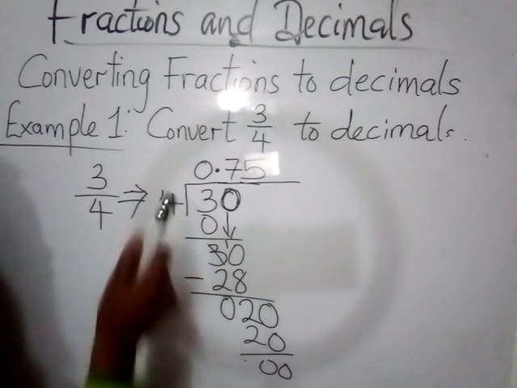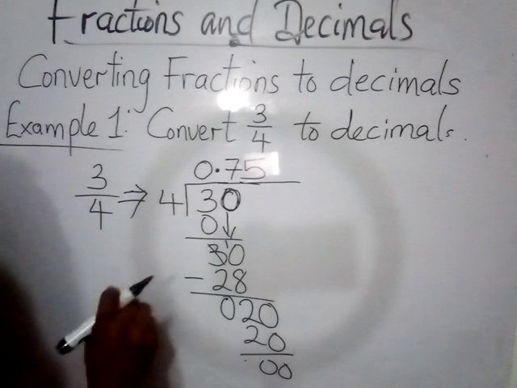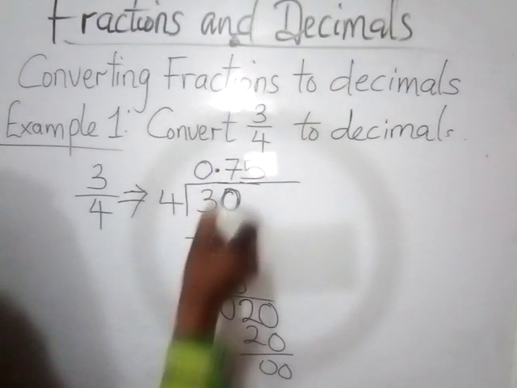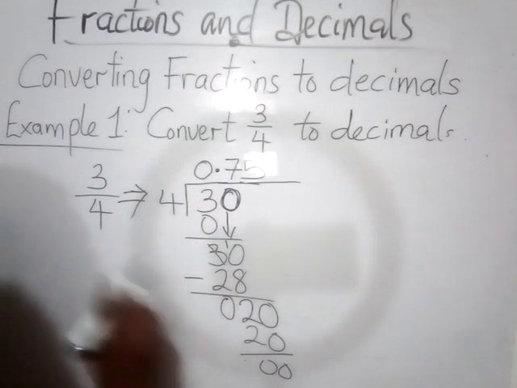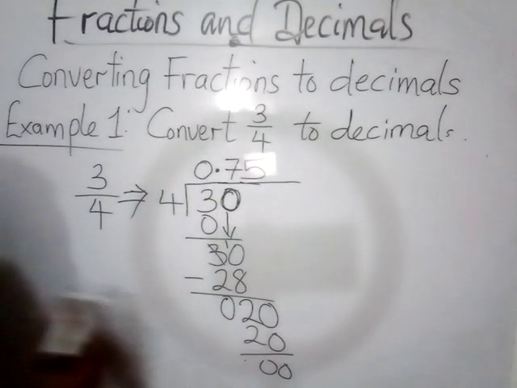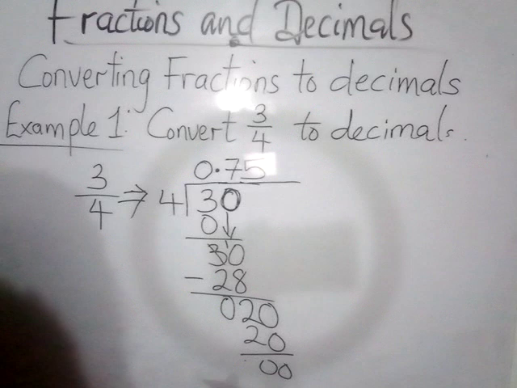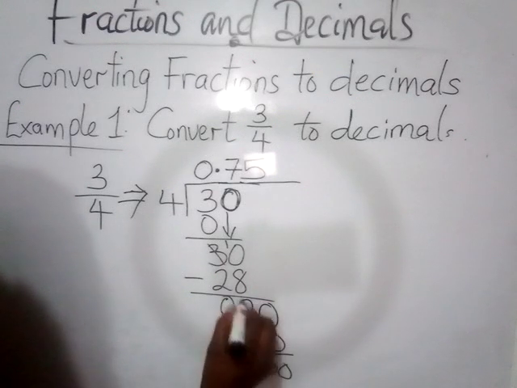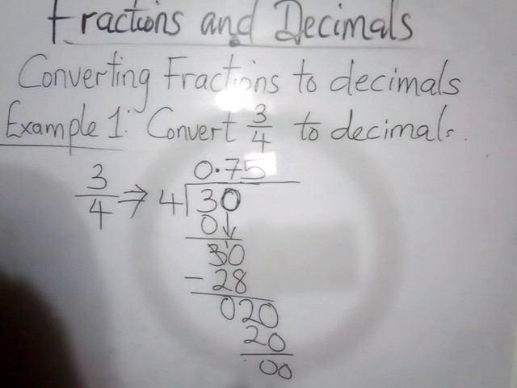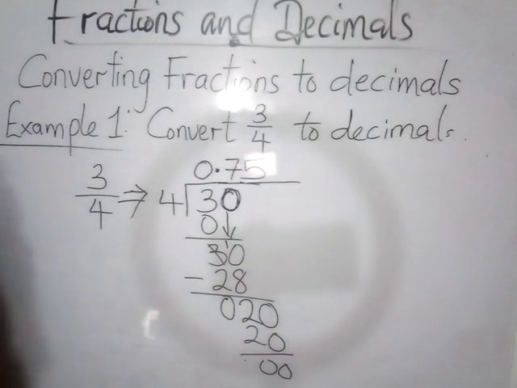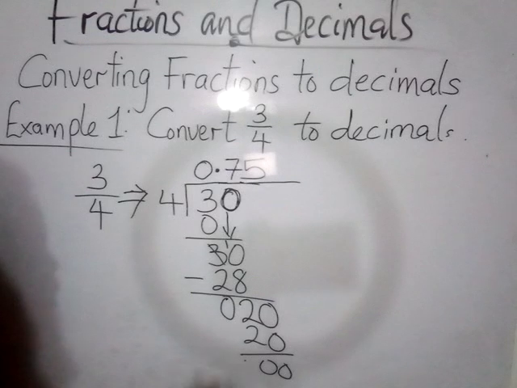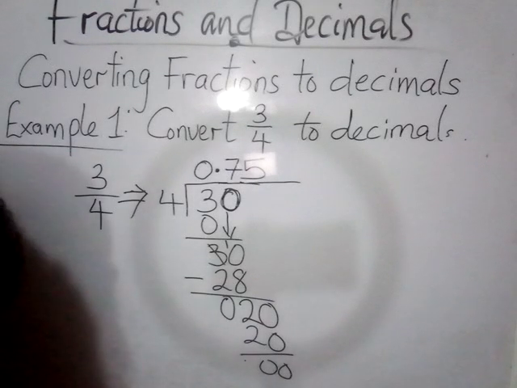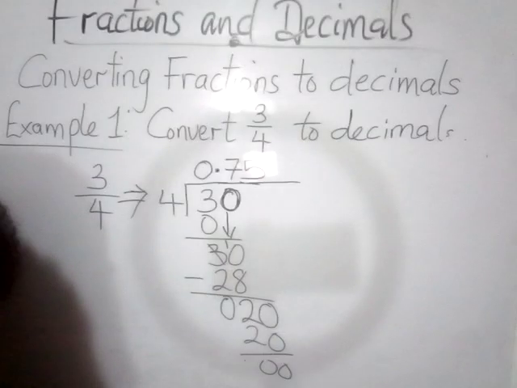So 30 divided by 4, you have 7. Now 7 times 4 is 28. When you subtract, 30 minus 28 gives you 2. Now, if we're dealing with whole numbers, you might just stop here and call this a remainder. But already this is on the side of decimal.